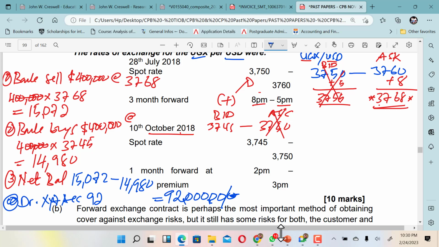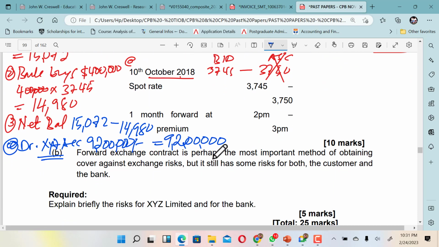So it's supposed to be 920. Excuse me. Okay, so it's going to be 9,200,000. That's what the bank is going to debit from XYZ Limited and extend the contract. That's how we close the forward contract.